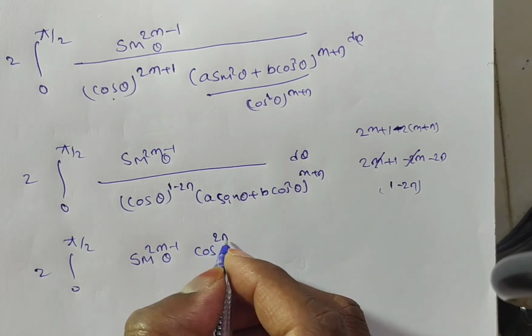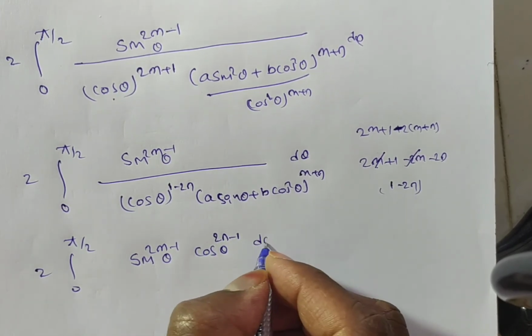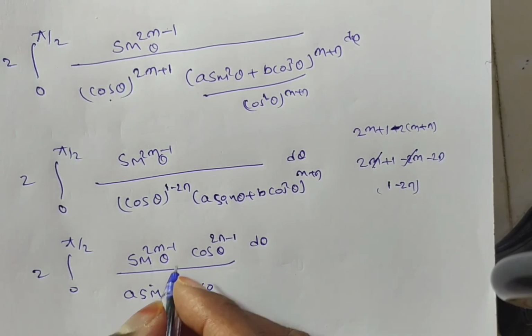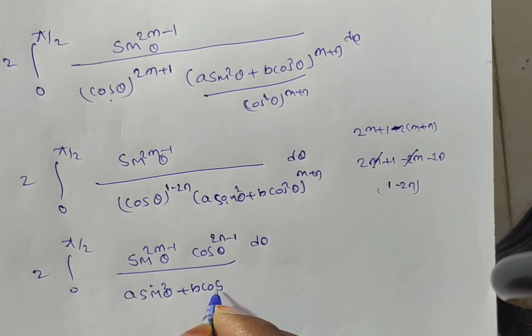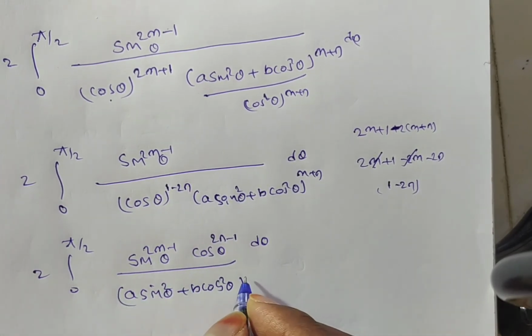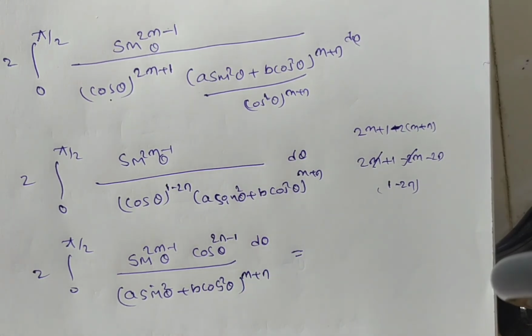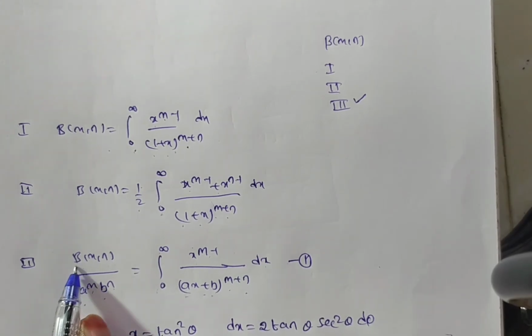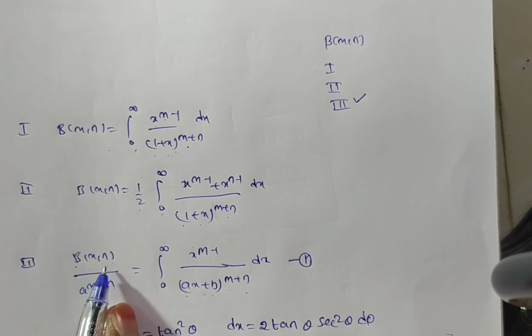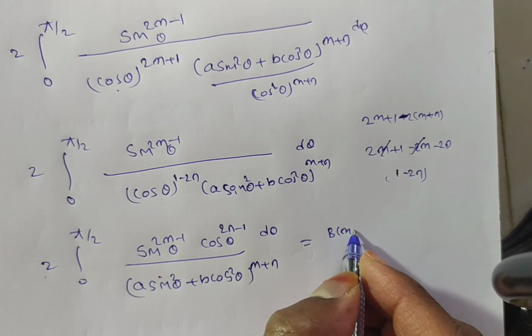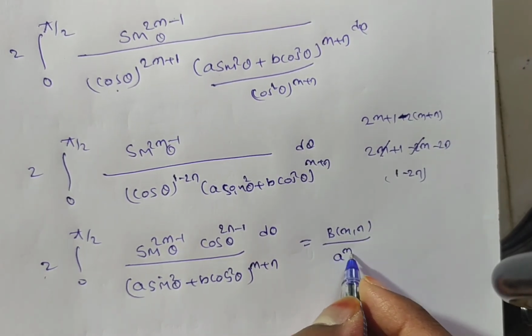So cos to the power of 2n minus 1 theta into d theta divided by a sin square theta plus b cos square theta power m plus n, which is the value of, actually you see, form 3 is beta of m comma n by a power m b power n. I have written only beta of m comma n. Actually I need to write divided by a power m b power n also. So this is equivalent to beta of m comma n divided by a power m b power n.